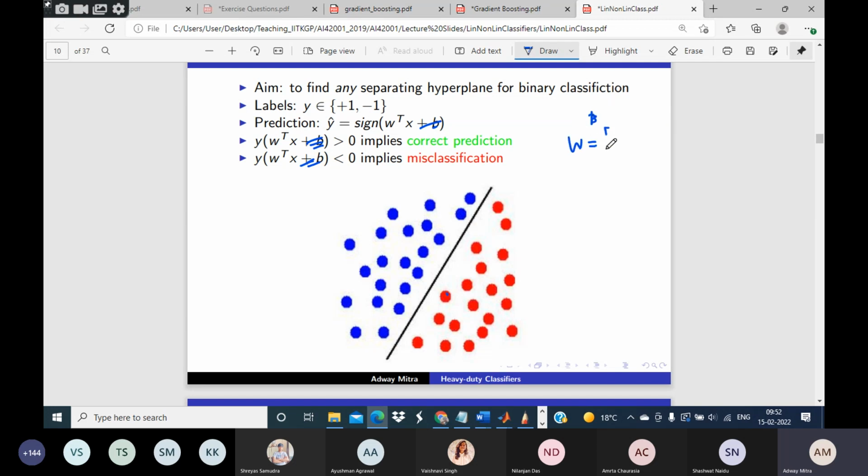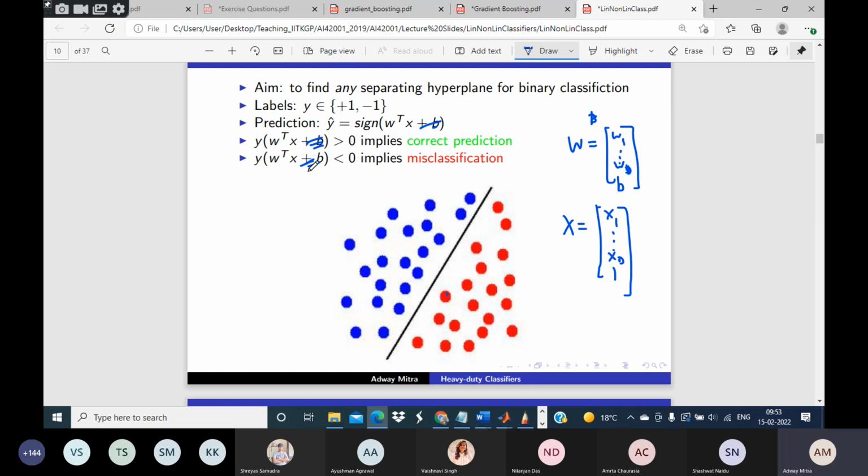So w is the d-dimensional w vector plus the intercept b, and the feature vector x is the d-dimensional feature vector plus an extra feature 1. Mathematically the two things remain the same. Whether you consider the bias separately or inside does not matter, but it will make the writing simpler. You will not have to consider the b separately.